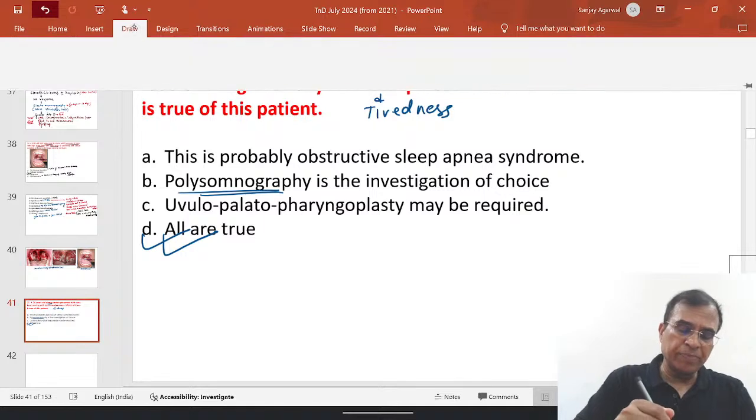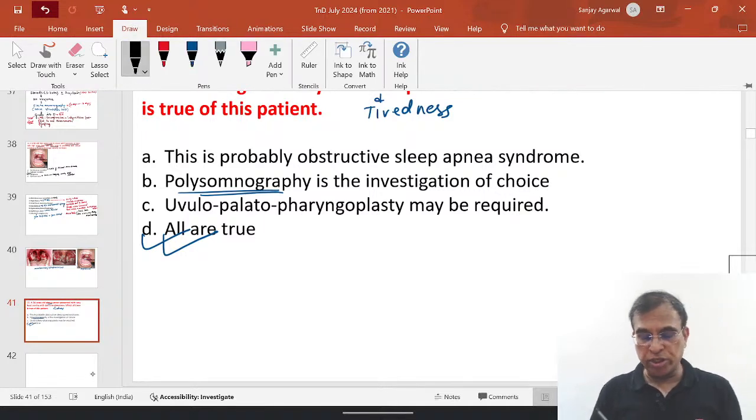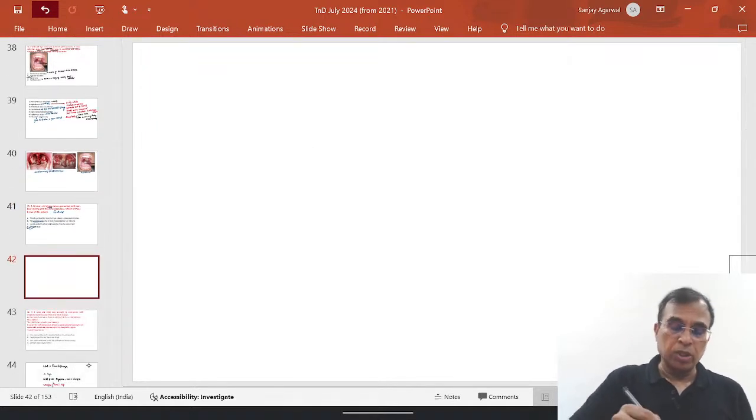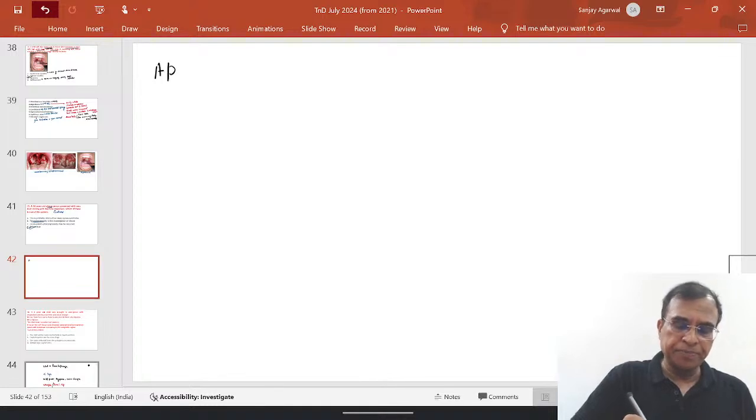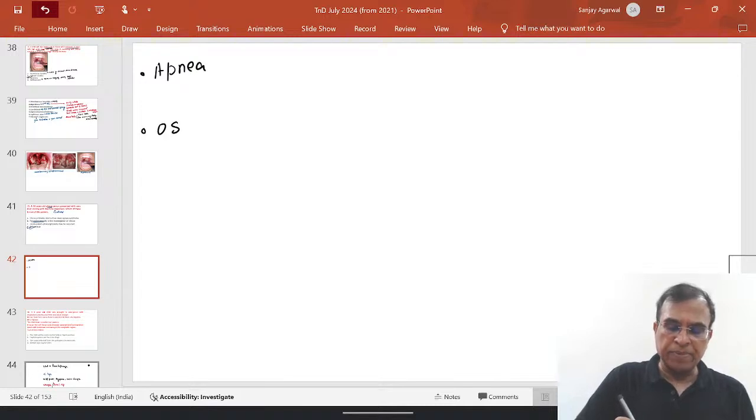But in obstructive sleep apnea syndrome, there are two or three other points that you have to know. What is the definition of apnea? What is the diagnostic criteria for obstructive sleep apnea syndrome?